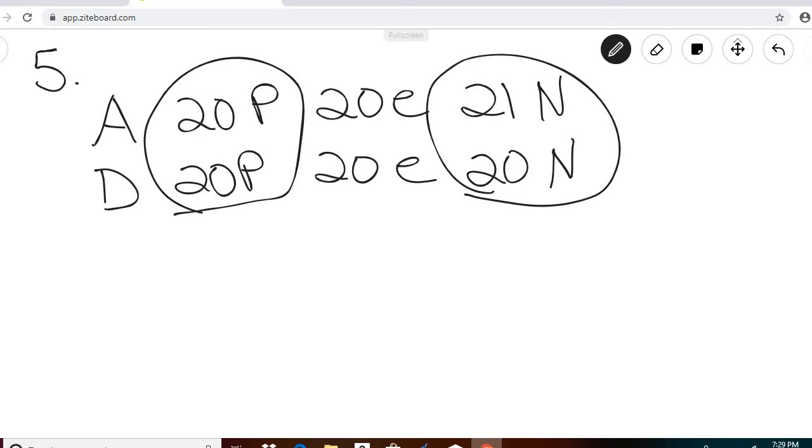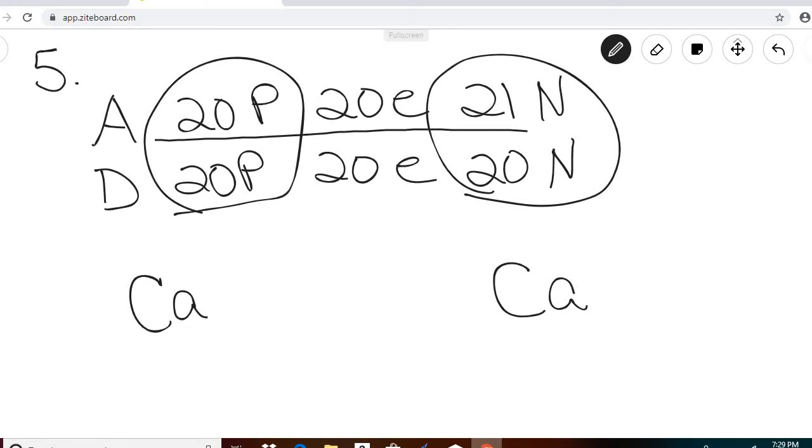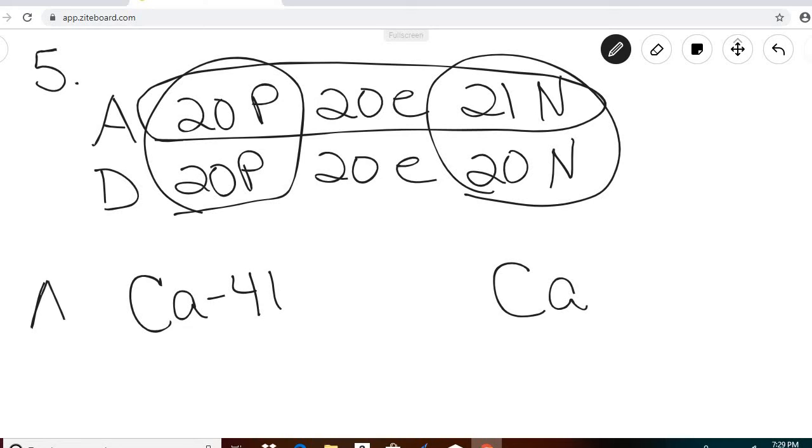So in terms of how we would write these isotopes, you would take the protons plus the neutrons. So this would be calcium-41 for A, and then for D, it would be calcium-40, because it's the protons plus the neutrons.